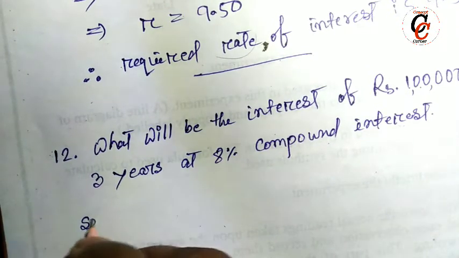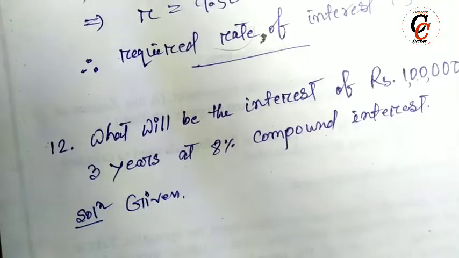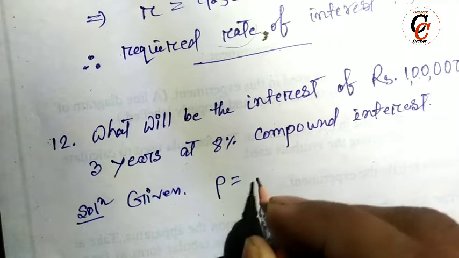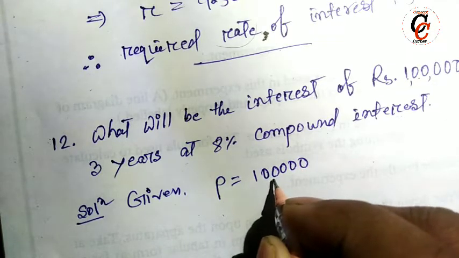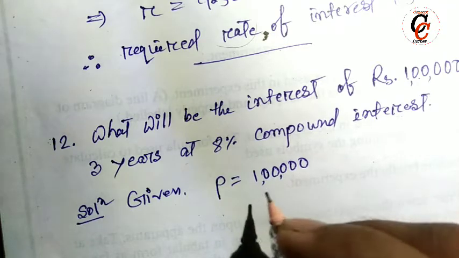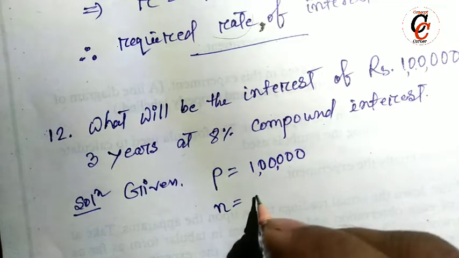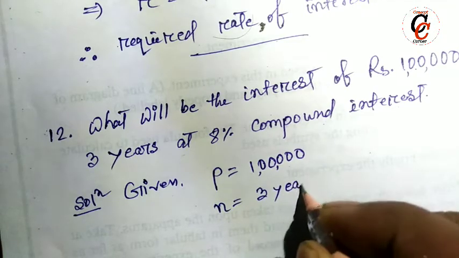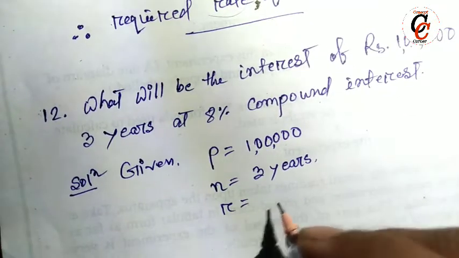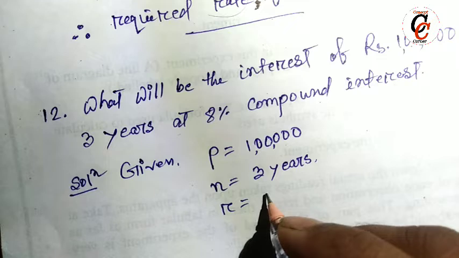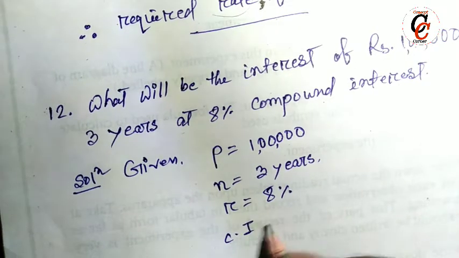The solution. What is given? Principal is given as 1 lakh, then time n is given as 3 years, rate of interest is given as 8%. So we need to find compound interest.